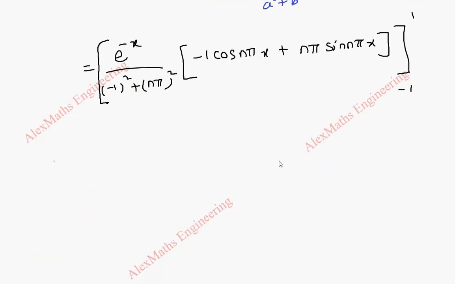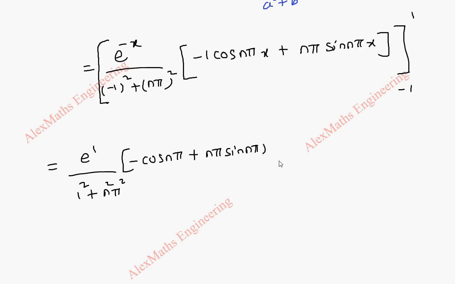When I apply the upper limit, we get e power 1 by 1 square plus n square pi square, and here this becomes minus cos n pi plus n pi into sin n pi. Anyway, sin n pi is 0, so we can handle that in the next step.